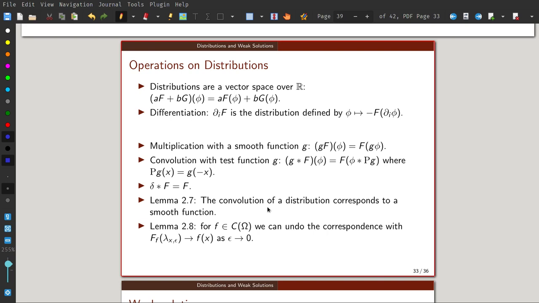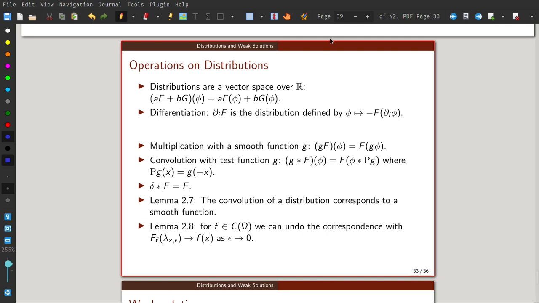But we can also define some interesting operations on them. So we have what's called differentiation in the sense of distributions. This is not a normal definition of differentiation. A normal definition of differentiation has a quotient and a limit, right? It's something divided by h, limit h goes to 0. The definition here is not like this. It's given by this definition here.